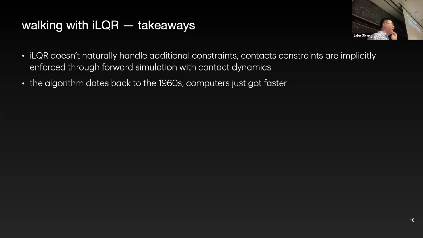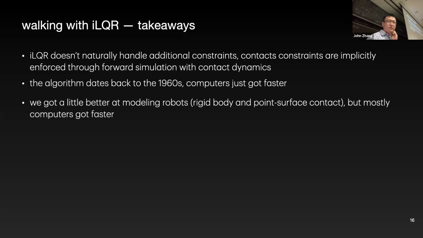The iLQR algorithm dates back to the 1960s, I think, when the first DDP algorithms were introduced. We're really not doing that many fancy things. We're essentially taking a really old algorithm and putting it on modern computers. It turns out that as computers got faster, really old algorithms just started working.